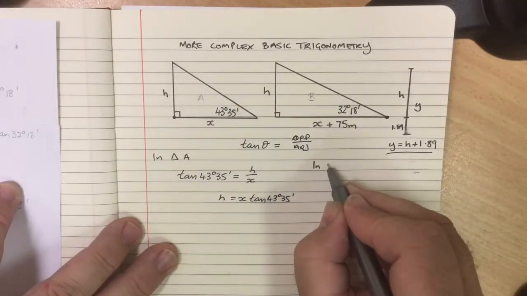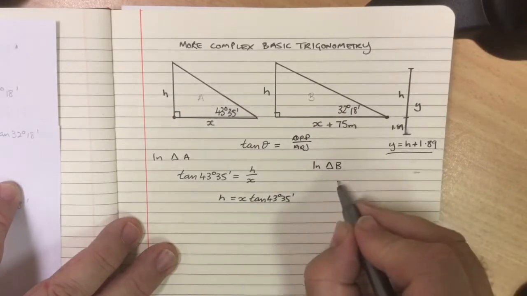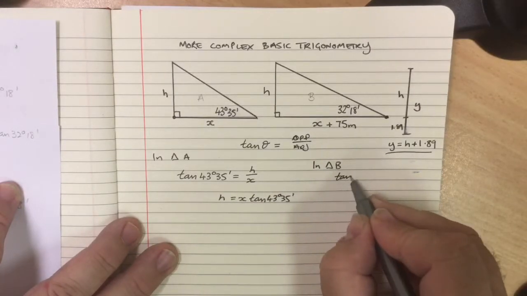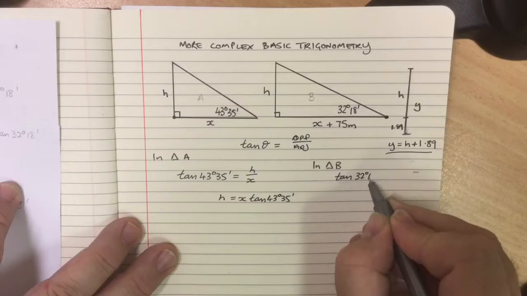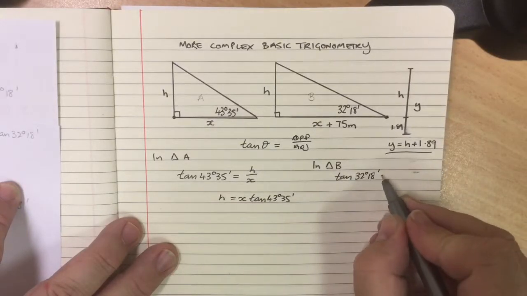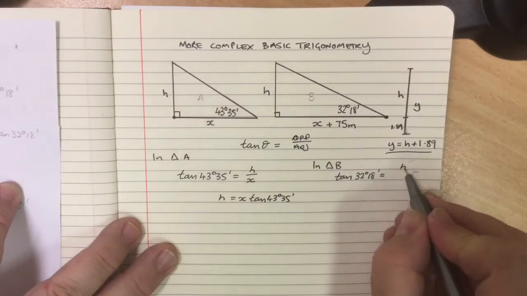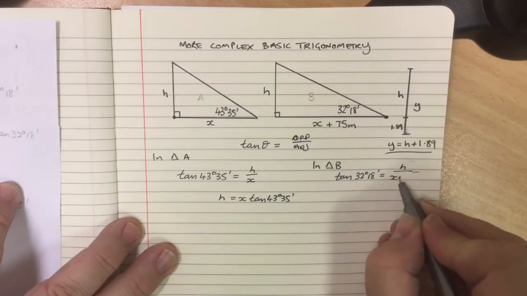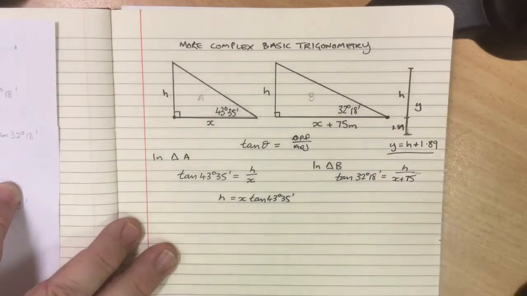Alongside here I'm going to do triangle B. The tangent of 32 degrees 18 minutes is equal to h over x plus 75 meters.